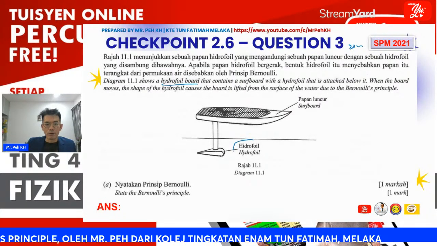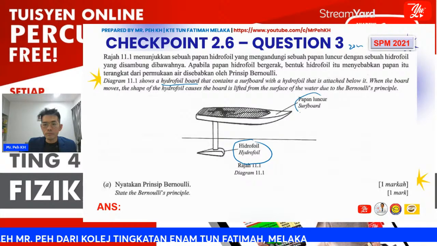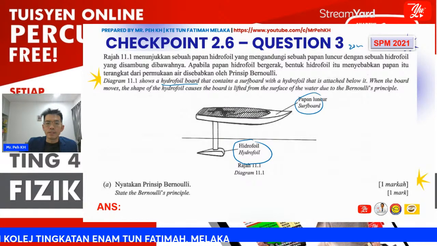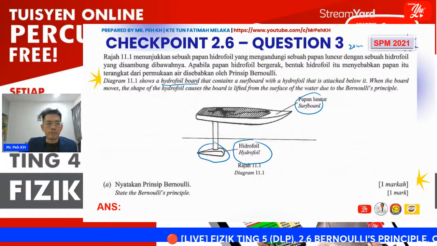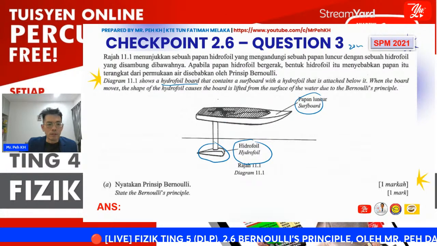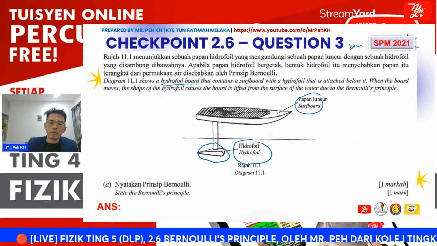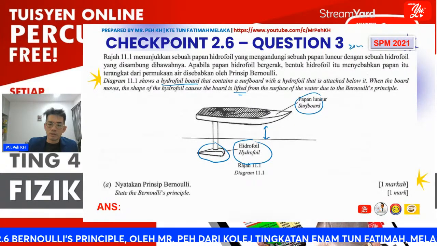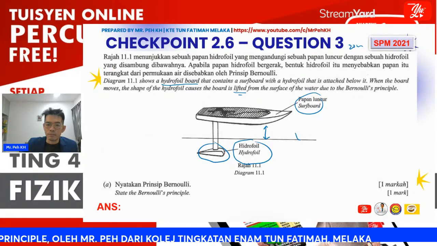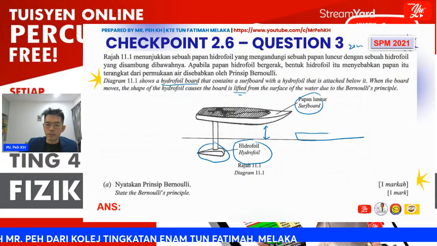You can see the aerofoil board is here. It contains a surfboard with the aerofoil attached below it. So the aerofoil will be here. When the board moves, the shape of the aerofoil causes the board to lift from the surface. You can see, without the aerofoil, the board will be at the surface of the water.